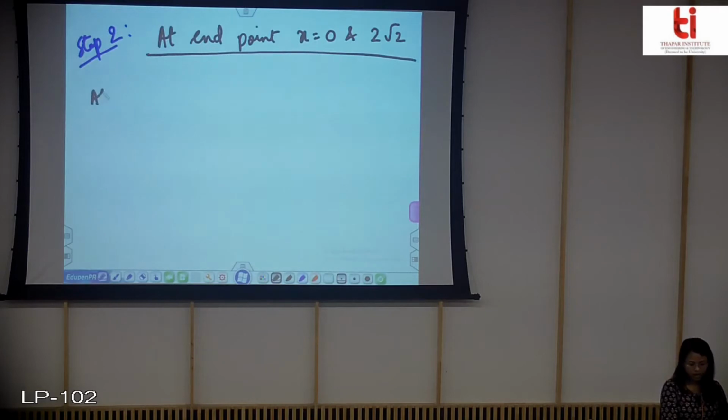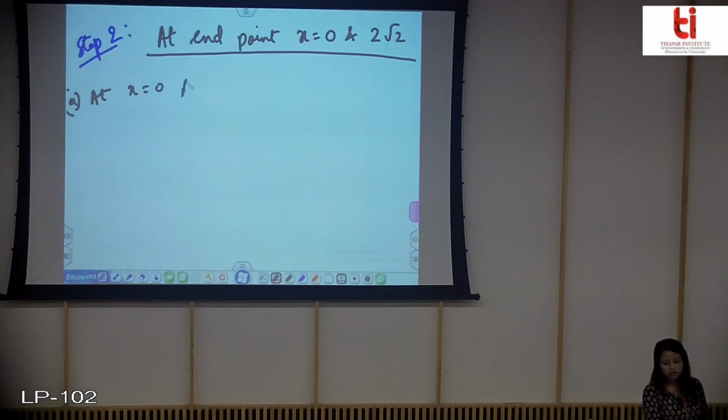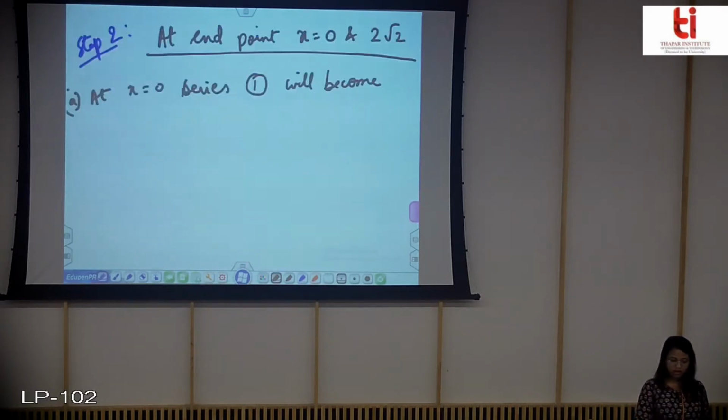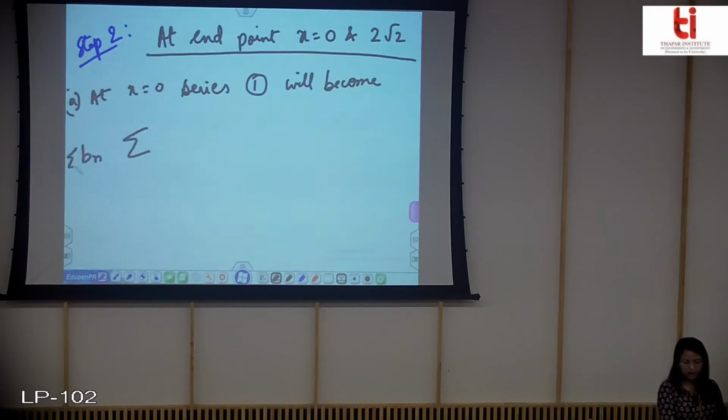So I will start with x equal to 0. This is my A part. So the series 1 at x equal to 0, you have to put x equal to 0 in this, so you can easily see that you will have a series like this. I'll name it as Bn, that is at x equal to 0, series 1 is Bn.